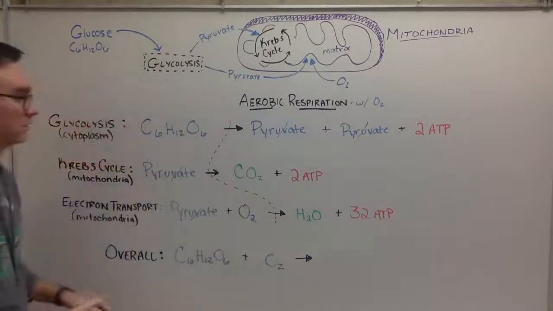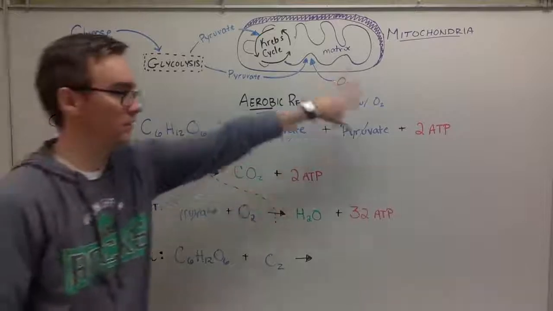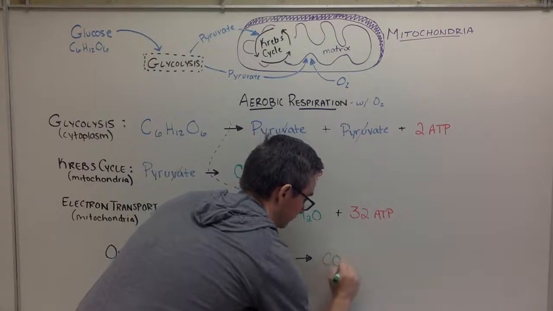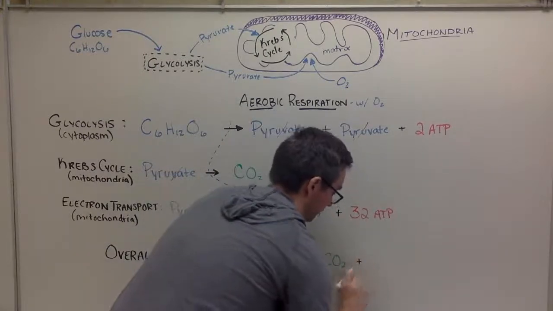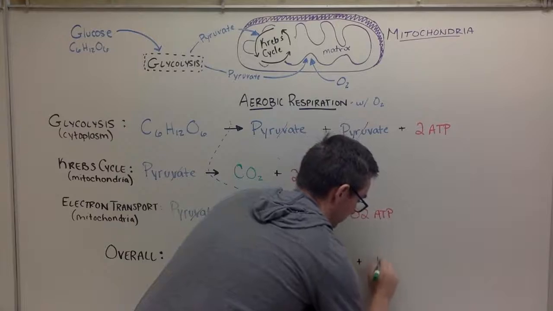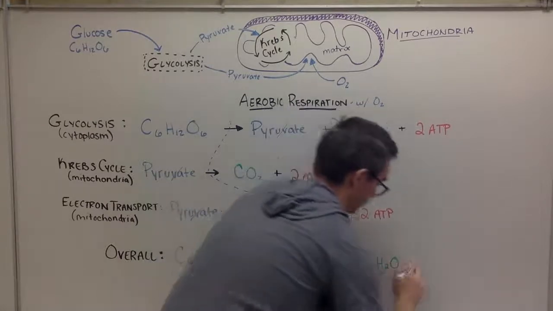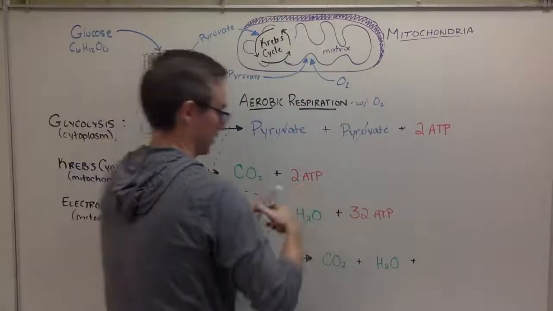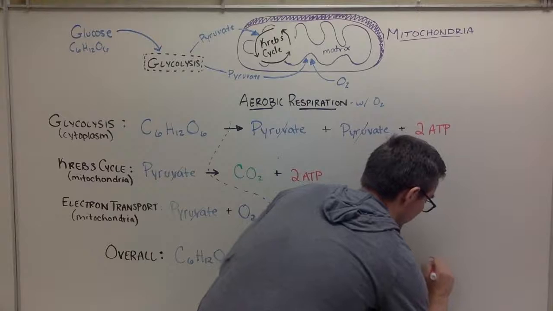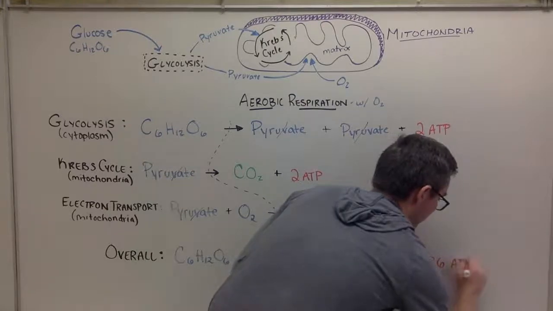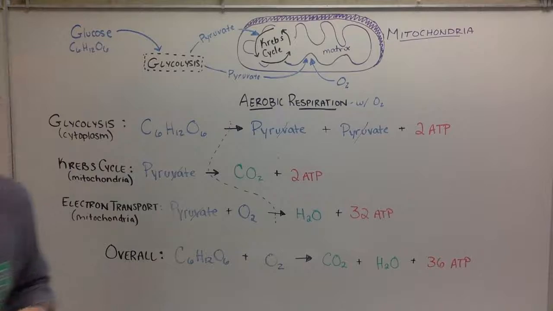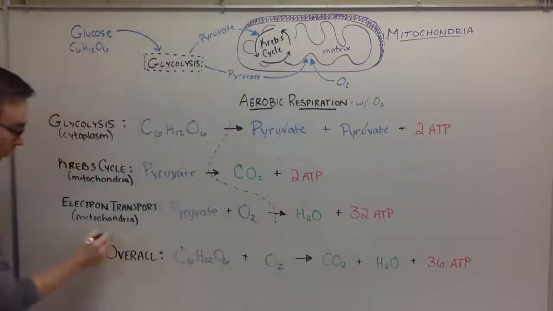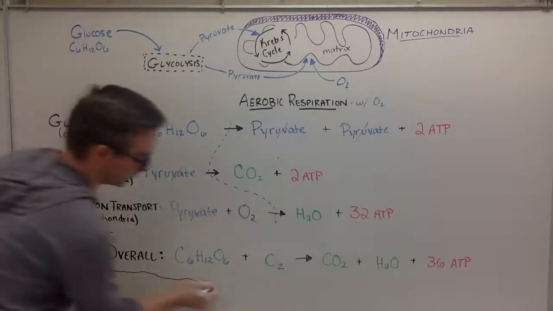All right, and we end up with carbon dioxide, water, and a bunch of ATP. A total of 32, 34, a total of 36 net ATP. Because you do have to use a few ATP. It actually makes 38, but you need 2 of them to get some of these reactions going. And so we end up with our overall reaction here.